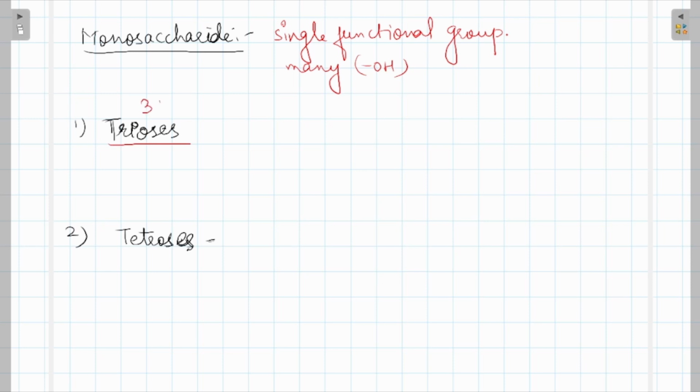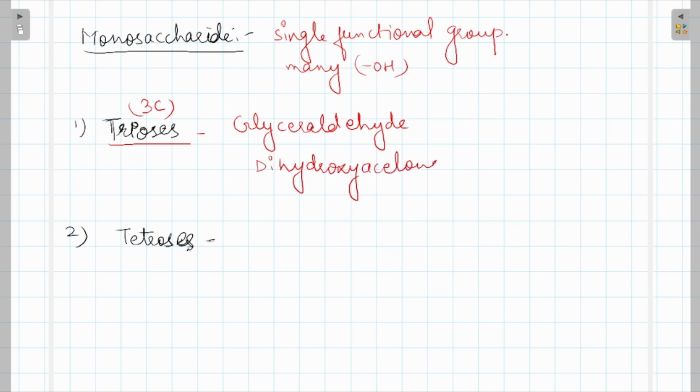It contains 3 carbons. Examples of trioses are glyceraldehyde and dihydroxyacetone. These are trioses and we will see glyceraldehyde and dihydroxyacetone in glycolysis.